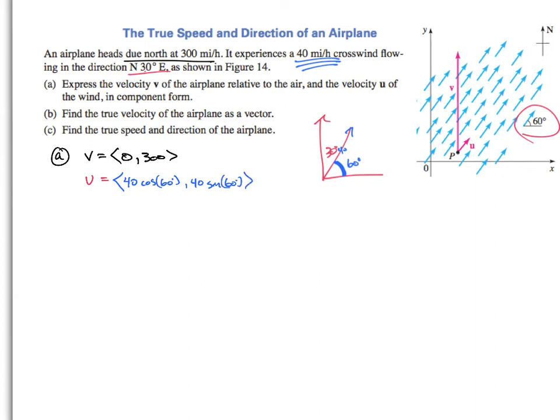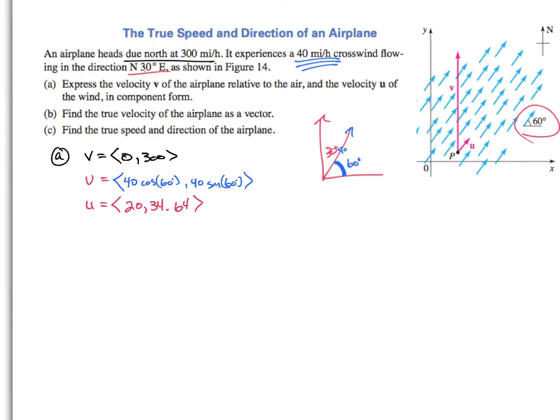Go ahead and put those in your calculator. We're going to round to 2. So my horizontal component was 20, comma, 34.64. Which means that wind is blowing 20 miles per hour to the east, and then 34 miles per hour north. That's what it's doing.